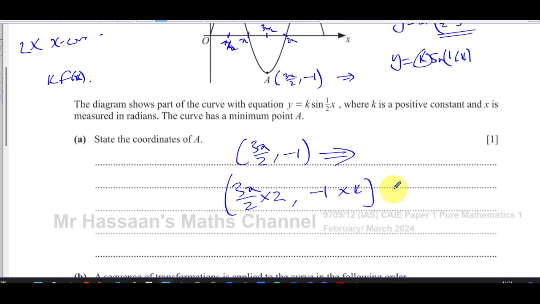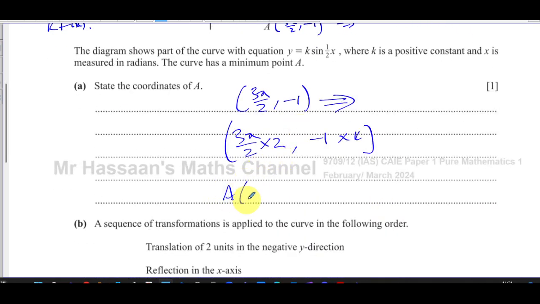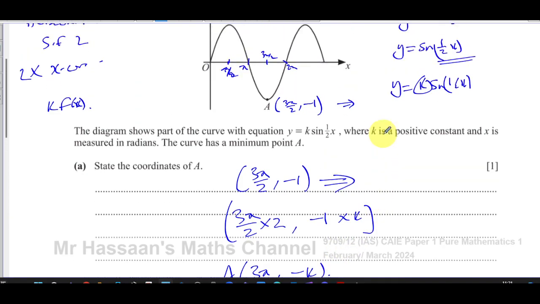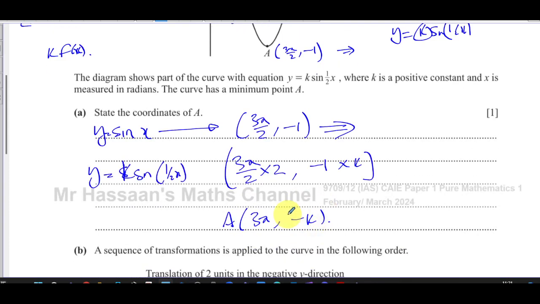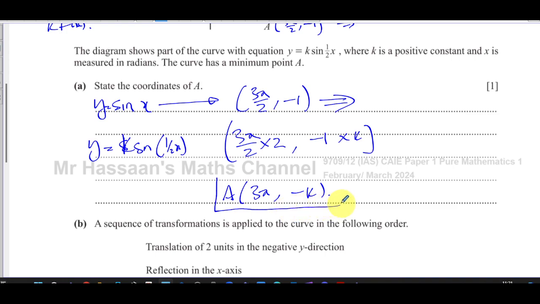So the coordinates of the point A are 3 pi and minus k. Those are the coordinates of the point A after this transformation, so there's our answer.